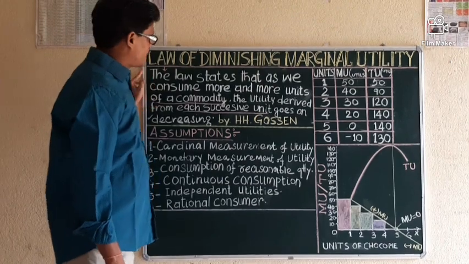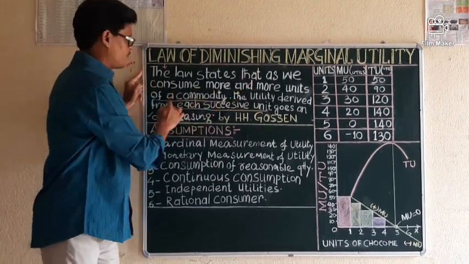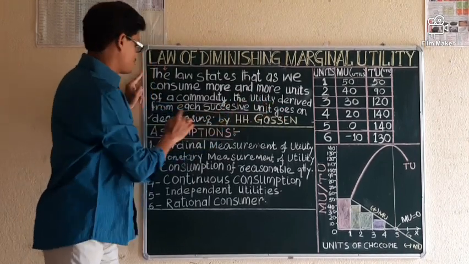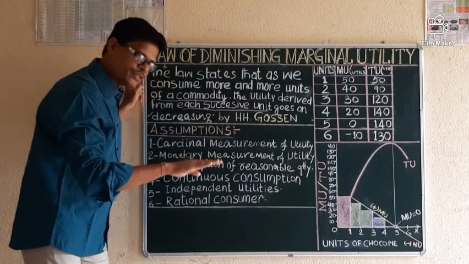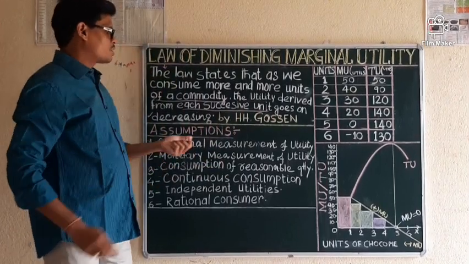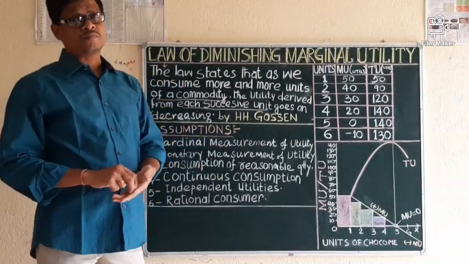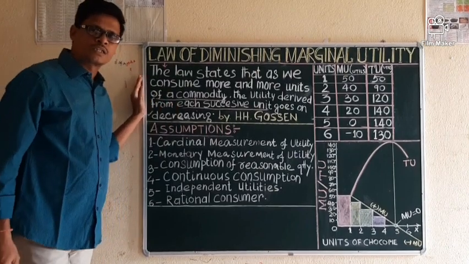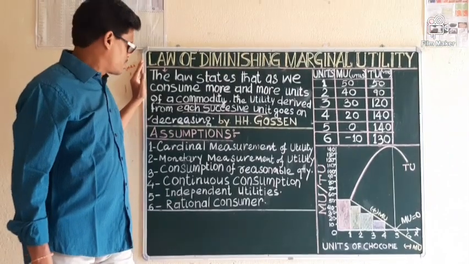The law states that as we consume more and more units of a commodity, the utility derived from each successive unit goes on decreasing. This law was propounded by H.H. Gossen, a German economist.